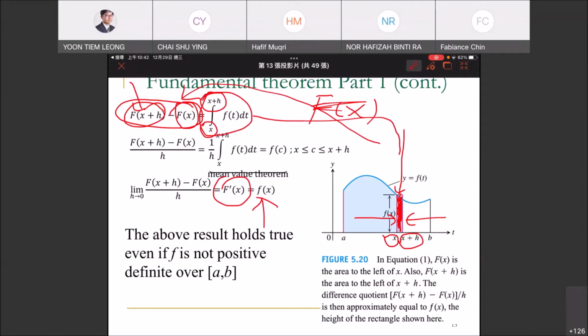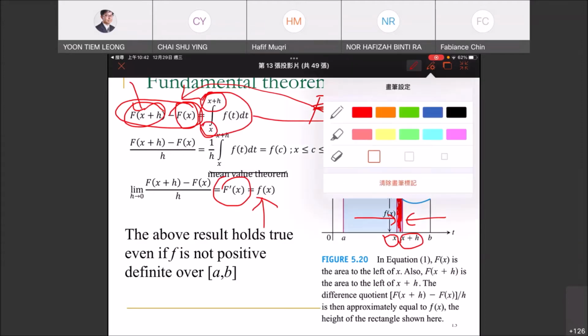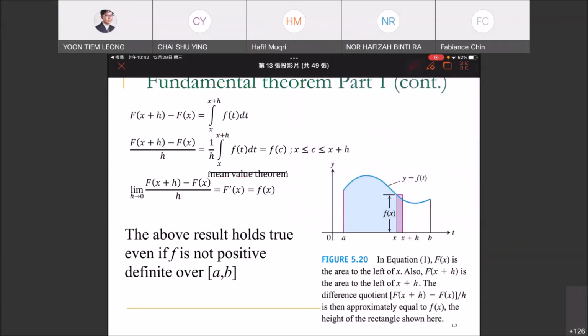So this is a relationship that could be quite easily understood: the difference between the capital function F is just equal to the area of the small function f that is represented by these strips.